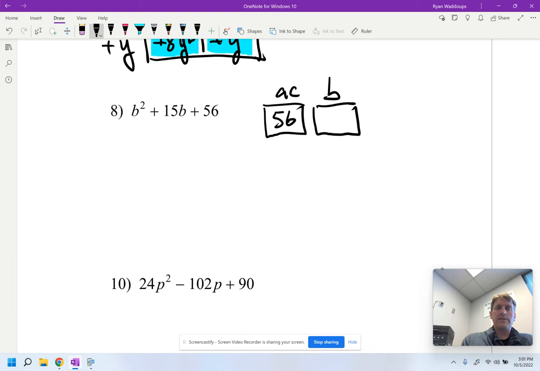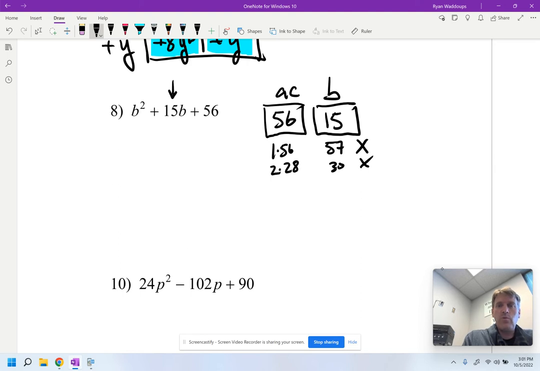It's 15, the coefficient of the middle term. That's what that B refers to. And so we got 1 times 56, and that'd be 57 when you add them together. 2 times 28, and that'd be 30 when you add them together.